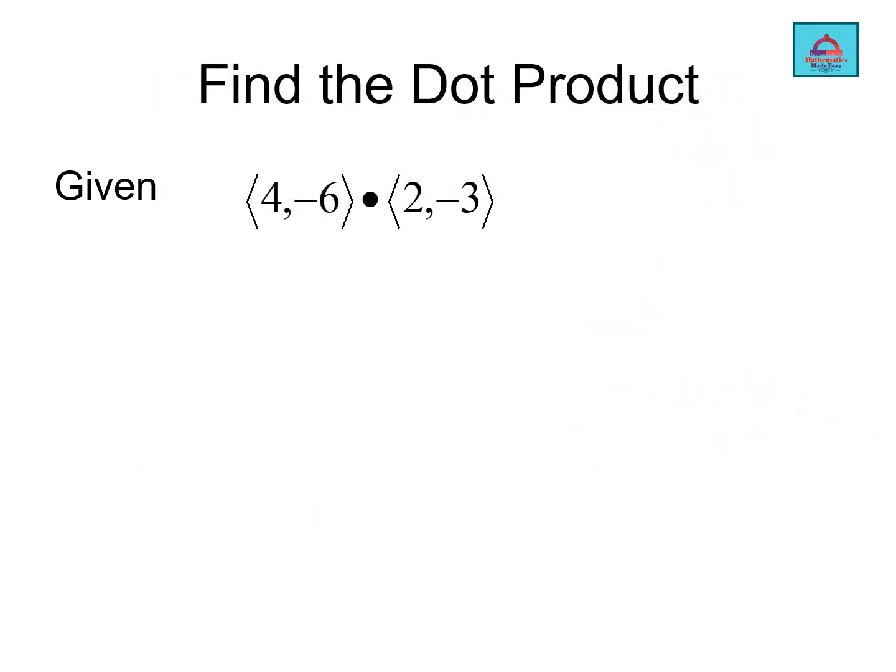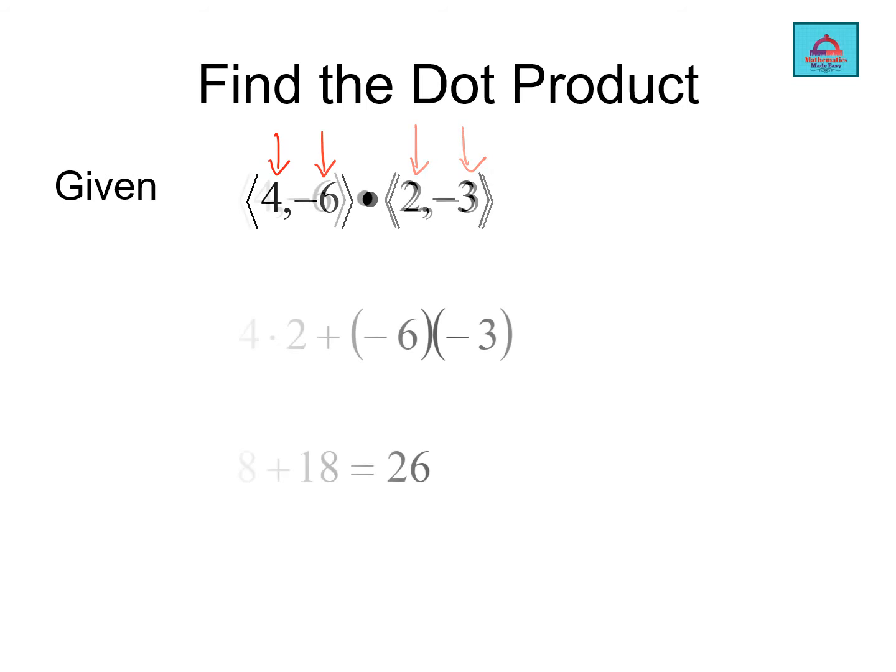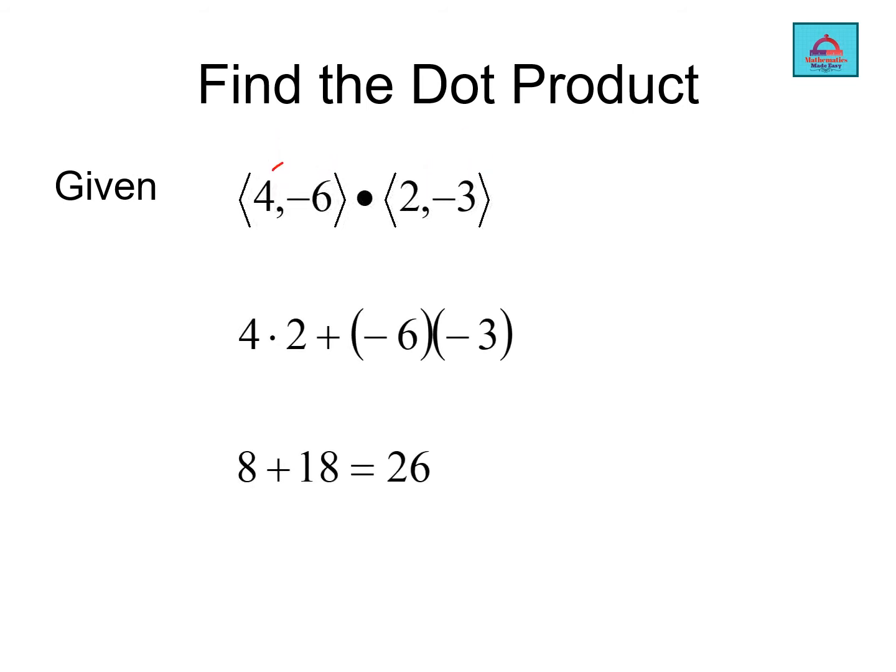Let's take a simple example and learn how to find the dot product. So here I have two vectors. The first vector has x component 4, the y component minus 6. The second vector has x component 2 and y component minus 3. So we have to do the dot product. That means we have to multiply the x components and the y components. So 4 will be multiplied with 2, minus 6 will be multiplied with minus 3.